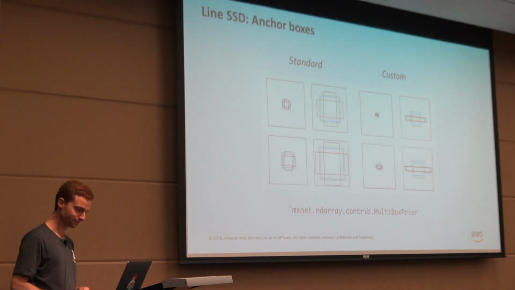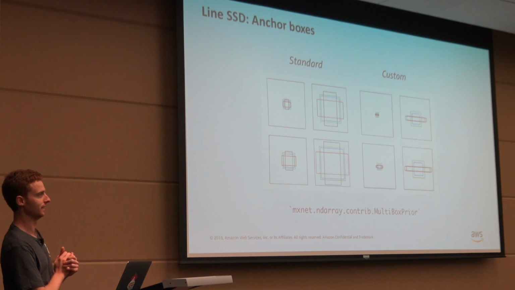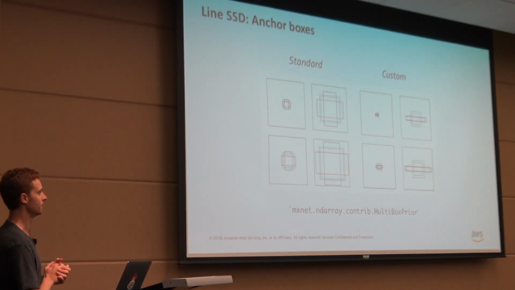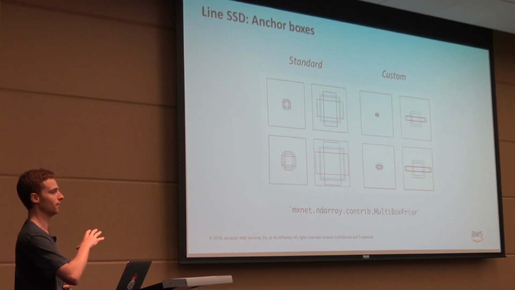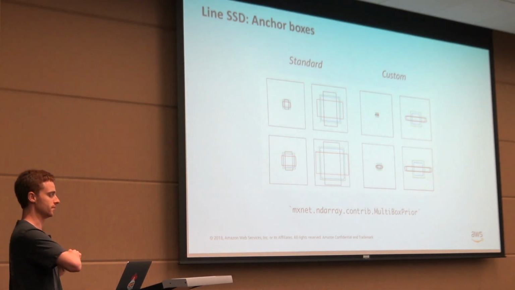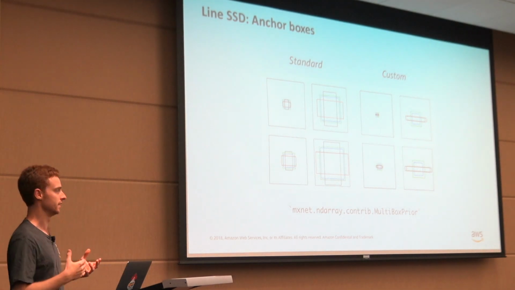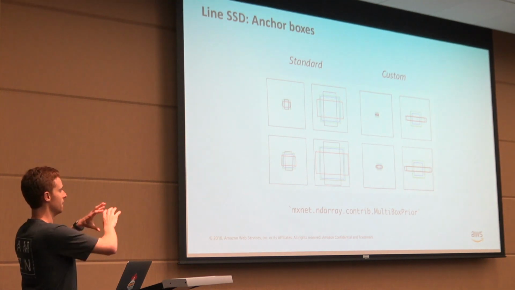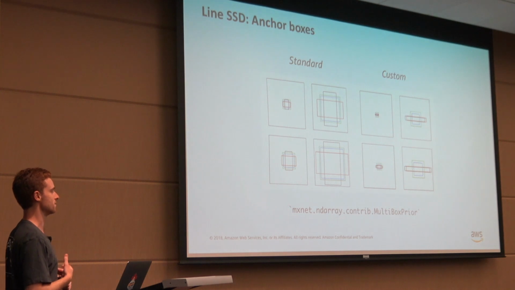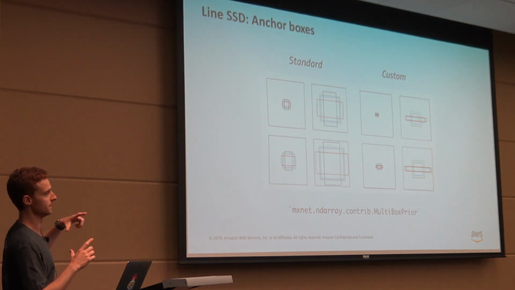Okay, not many people. So SSD is for detecting objects, and the way that it's done is we start with some prior, what's called anchor boxes, and these boxes are deterministically generated. There's an algorithm to generate them, and they're placed throughout the image. Then your neural network is applied to refine these boxes.